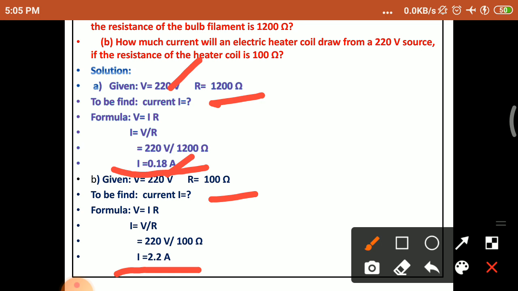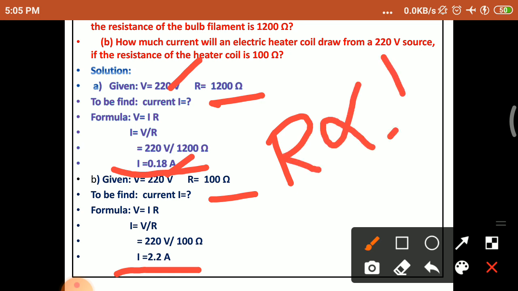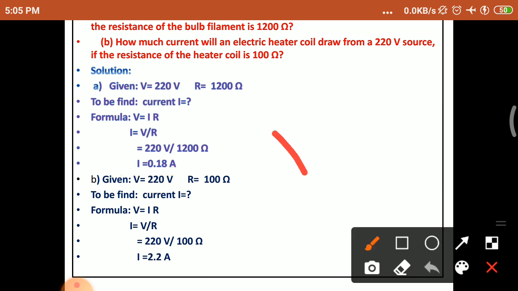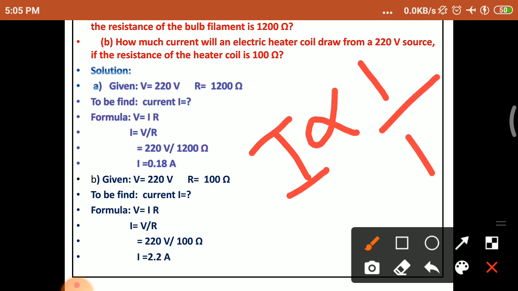So from this we can say that I is inversely proportional to R. That means when R is more, I is less.